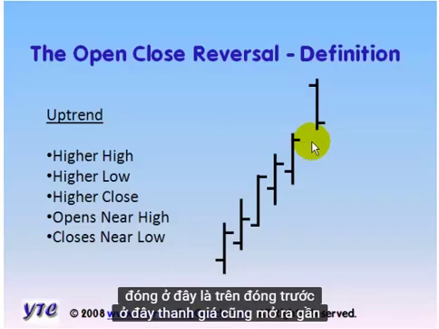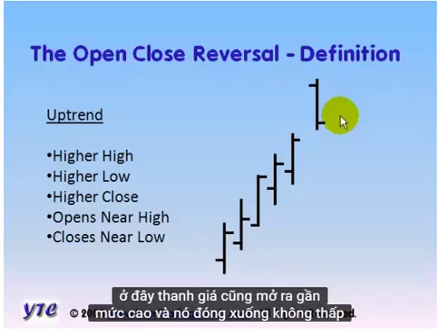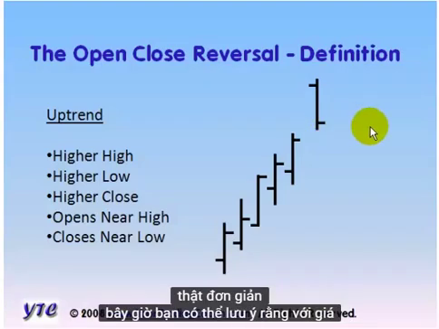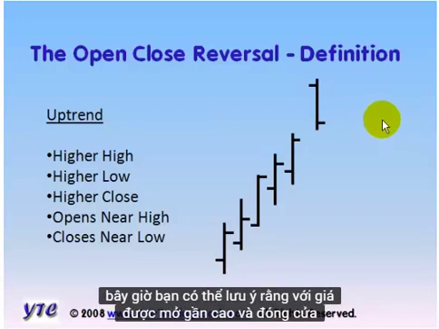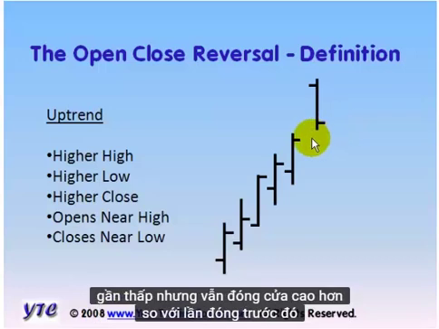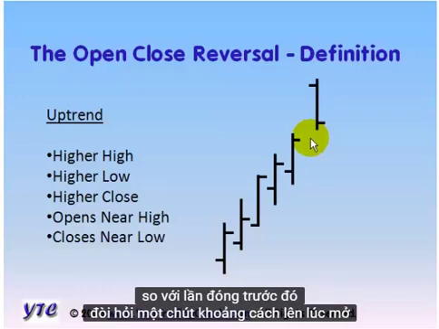Now the price bar also opens up near the high and it closes down near the low. That's it, simple. Now you might note that for the price to be opening near the high and closing near the low, but still closing higher than the previous close, it actually requires a bit of a gap up at the open.